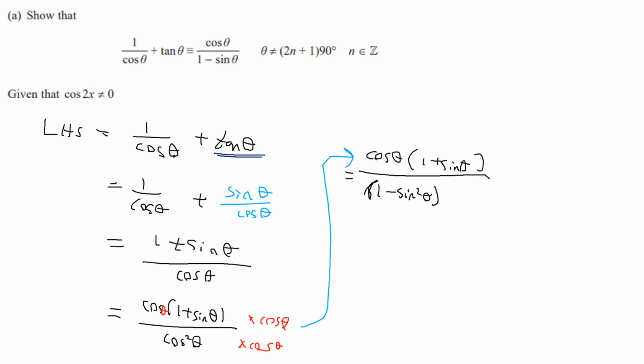Now, again, we need 1 minus sine theta on the bottom. So what we're going to do is simply multiply 1 minus sine theta on top and bottom.